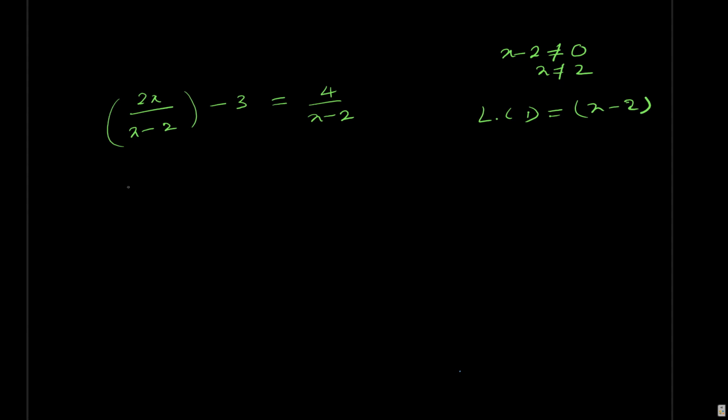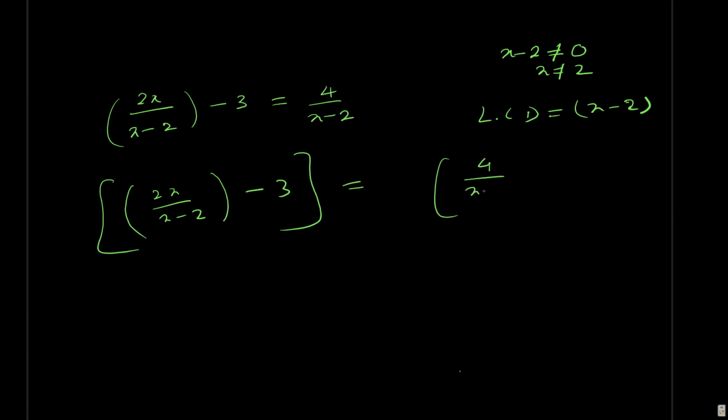So 2x over x minus 2 minus 3, a big parenthesis for the left hand side, and another parenthesis for the right hand side, just to be nicer, times x minus 2. Term by term, x minus 2, it's better to put parentheses around x minus 2 as well.